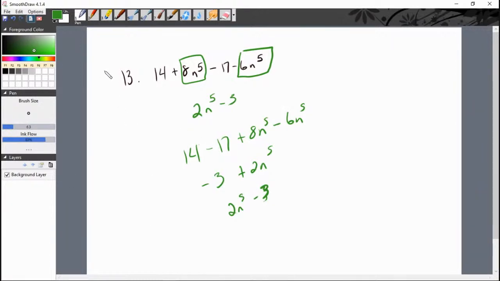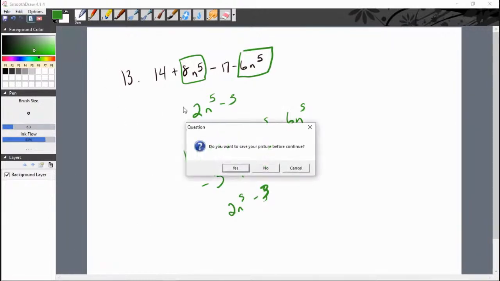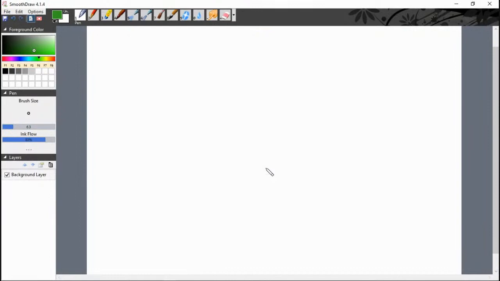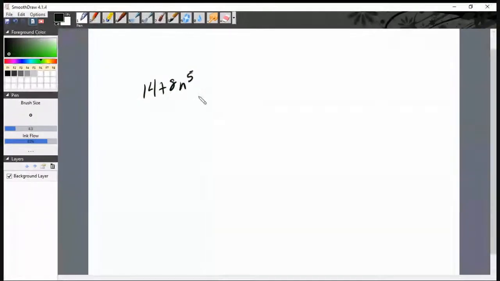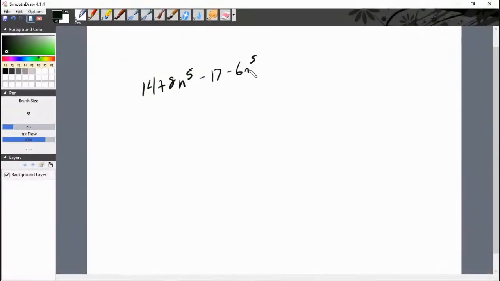Let's go through this one more time. I want to show you what I'm doing here so you understand. Let's rewrite this. 14 plus 8n to the 5th power minus 17 minus 6n to the 5th power.